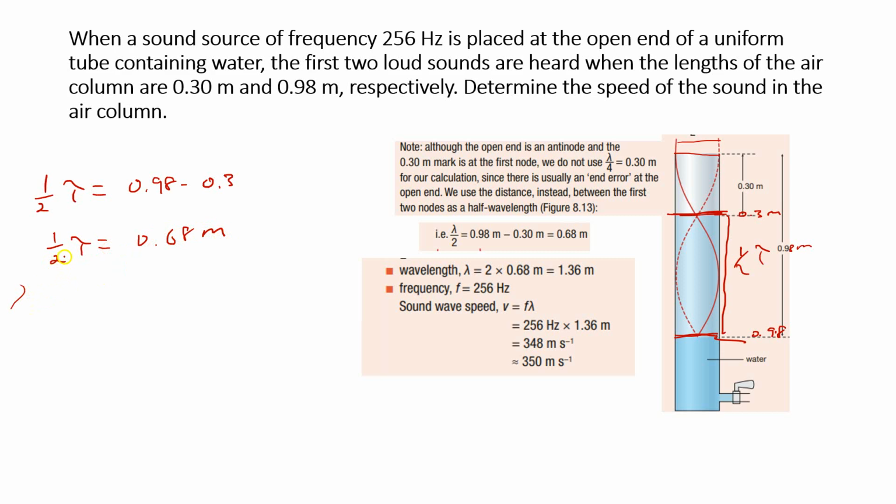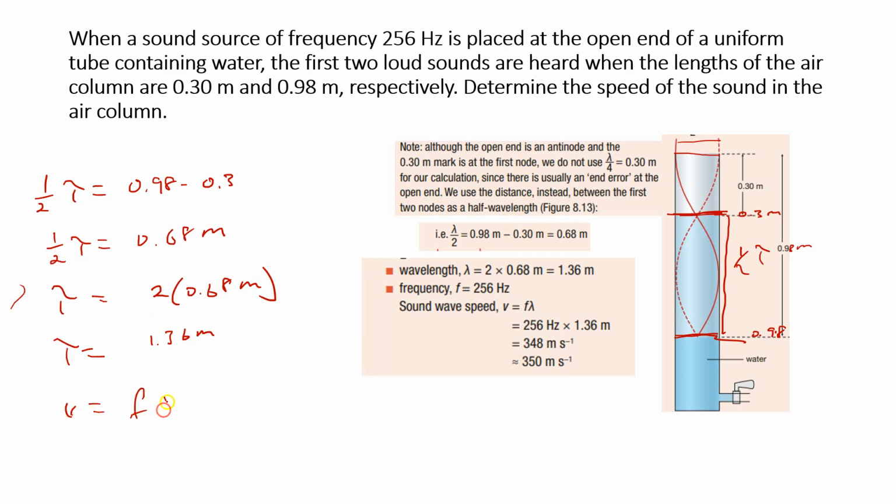Having said all of that, we can transpose to find the wavelength. So all we're doing now is saying that wavelength is equal to 2 times 0.68 meters, which tells us that the wavelength of this wave is 1.36 meters. Having said all of this, we can now find out the speed.